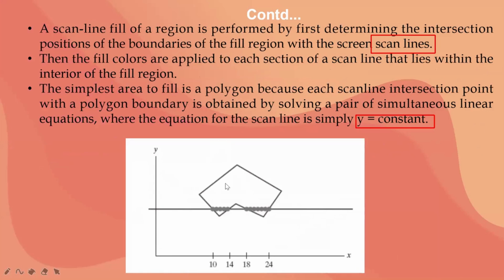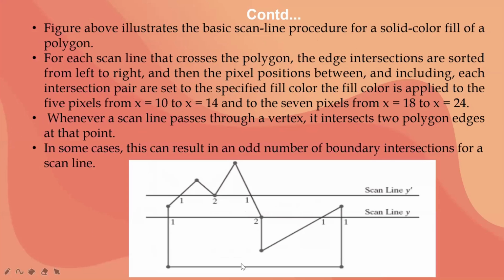So here is one more example, where I have a region, one polygon. This is hitting my y-axis, so I will give the name scan line y. One more line is also there, so I cannot give the same name. I will just give it the name scan line y dash.